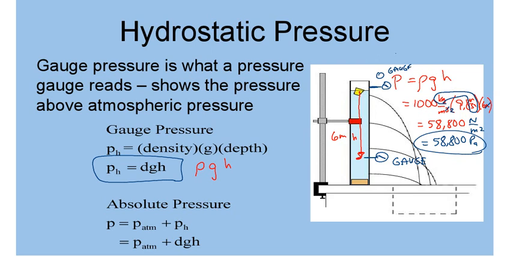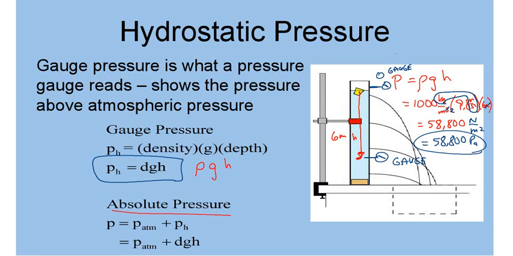And of course we know that outside of the water there is pressure. It's air pressure, it's atmospheric pressure. And so the gauge pressure does not include the atmospheric pressure, and we have something down here called absolute pressure that adjusts for that.